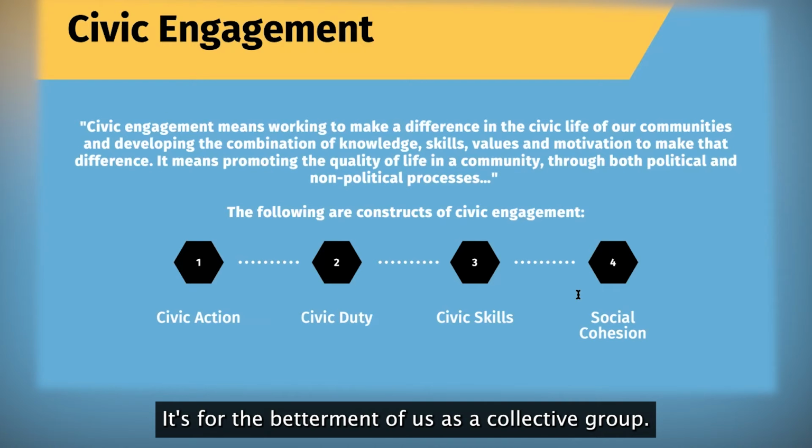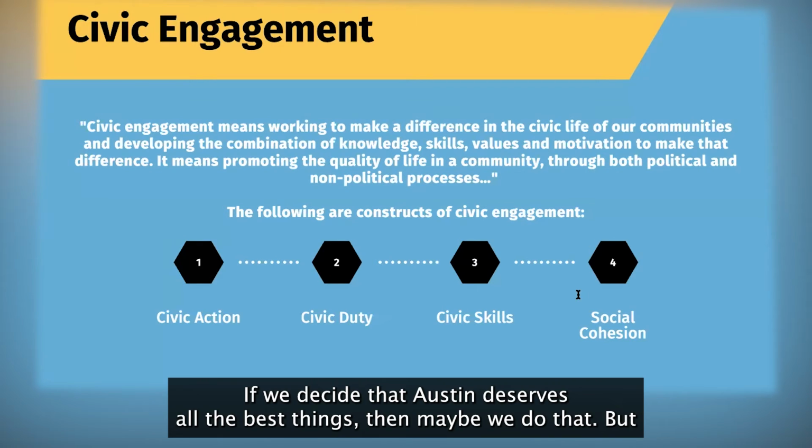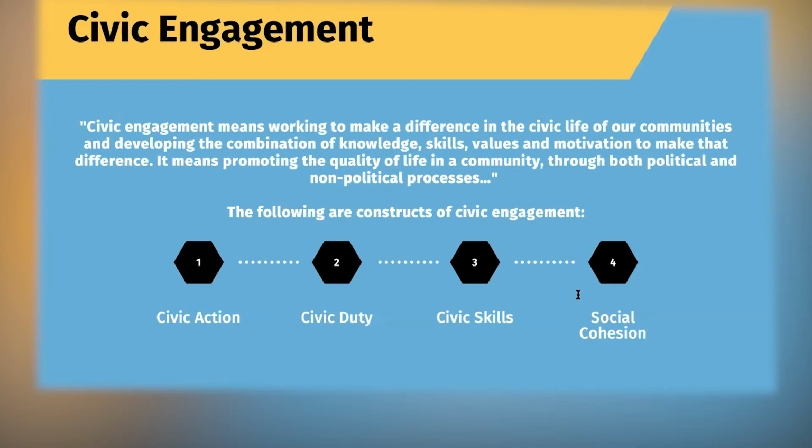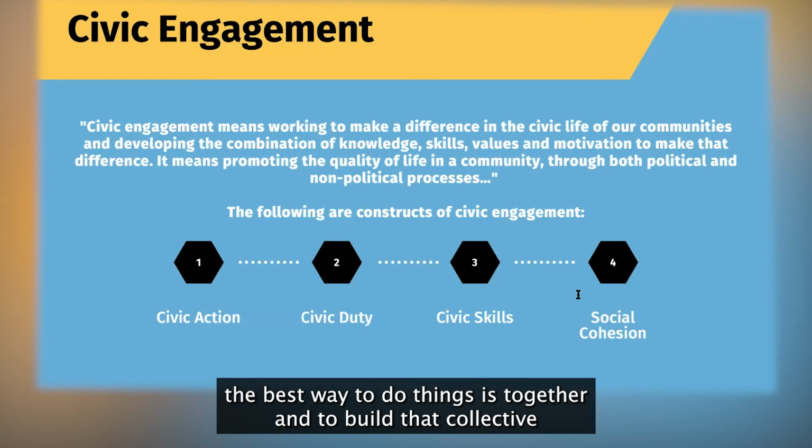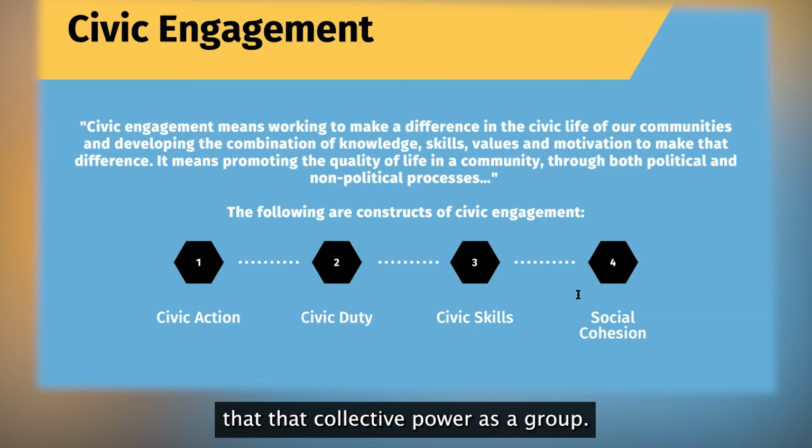It's for the betterment of us as a collective group. If we decide that Austin deserves all the best things, then maybe we do that. But more than likely, the best way to do things is together, and to build that collective power as a group.